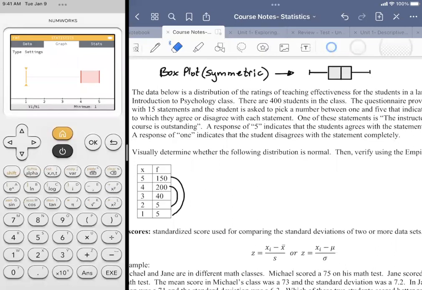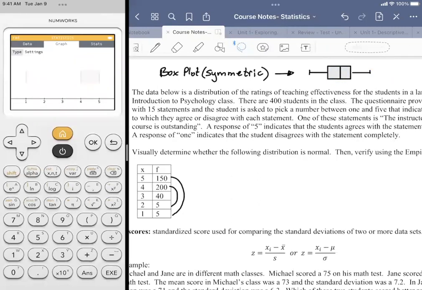They don't have to be exactly the same length. But that's what a symmetrical box plot looks like. This does not look like that. This actually looks like what a box plot would be if this were all the way over here. You know, actually I grabbed onto too much here. If this were like over here, it's lopsided. That's not symmetrical. All right.